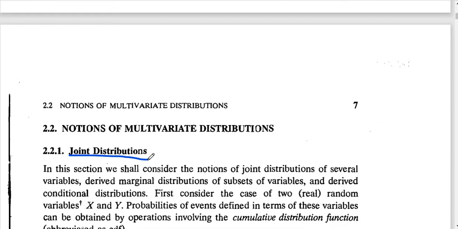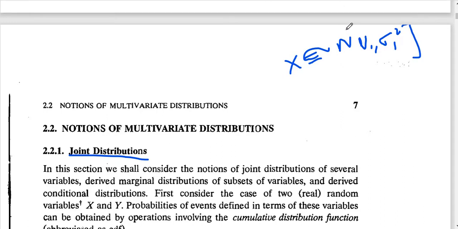Before going to the joint distribution, first we need to know the distribution of a sum. For example, x follows a normal distribution with mean mu1 and variance sigma 1 squared.